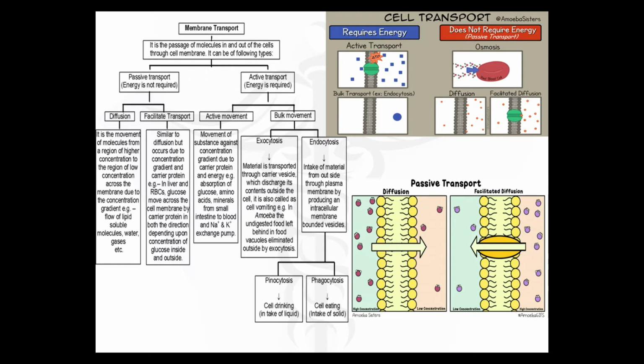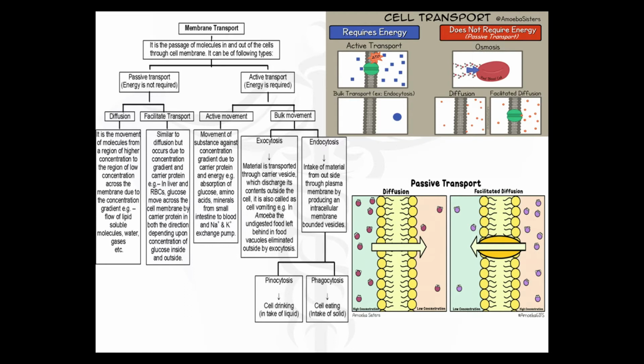Now let's see bulk movement. Bulk movement is further subclassified into exocytosis and endocytosis. In exocytosis, material is transported through carrier vesicles which discharge their contents outside the cell. It is also called cell vomiting. For example, in amoeba, the undigested food left behind in food vacuoles is eliminated outside by exocytosis.